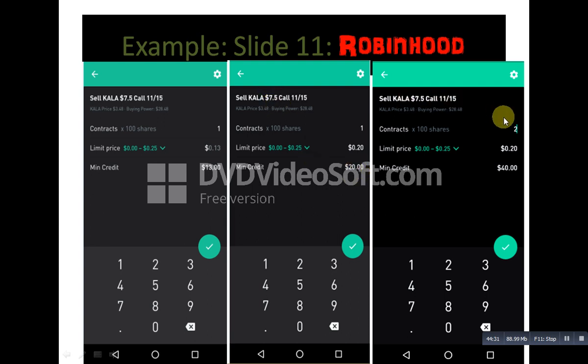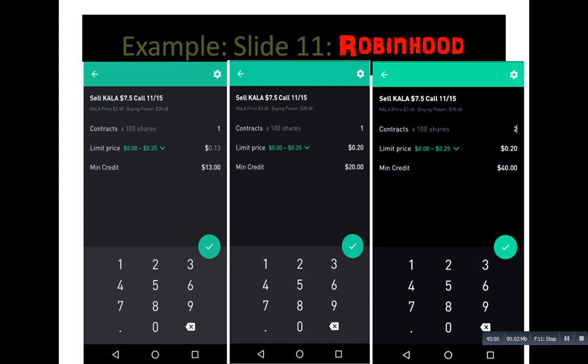And here, instead of selling one quantity, I'm changing the quantity to two. I want to sell two covered calls, or two call options, at 0.20 a share, which is $20 for 100 shares and $40 for 200 shares. And I will get $40 at the end of November 15 if the share price has not gone above $7.5 by then. Okay, let us go to the next slide.